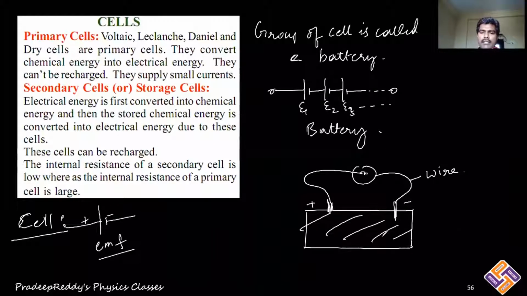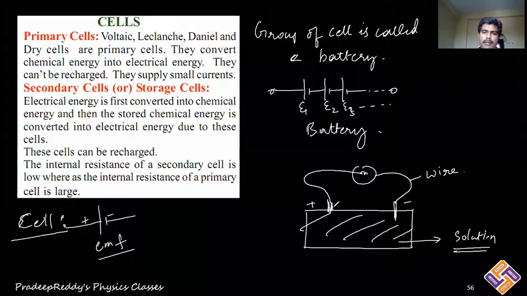As I told you, there is some chemical reaction taking place in this solution, whether it is a dry cell or a liquid cell, any form of cell or battery. Here we have a negative terminal and the other one is the positive terminal.